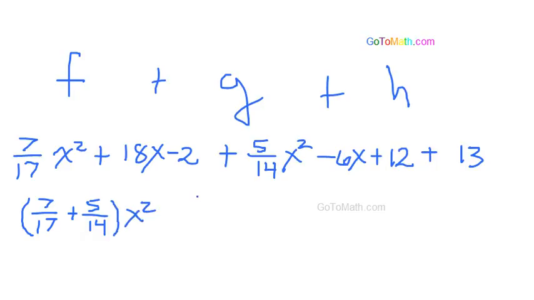We've got a section on fractions. This is not supposed to be over fractions. We have 18x minus 6x, and that looks like the only like terms in here. That's going to be 12x.